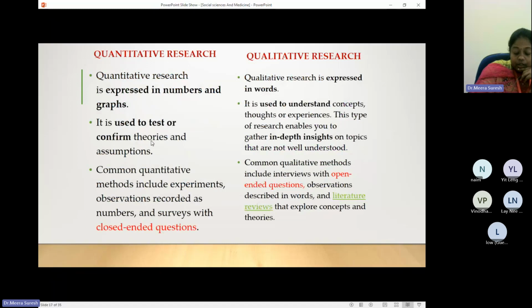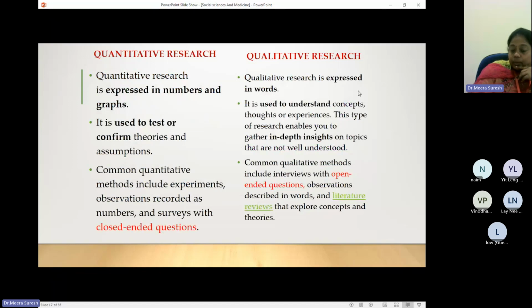But in quantitative methodology, you will always have a hypothesis, and with numbers, you are going to prove or disprove that hypothesis. That is why it is used to test or confirm theories and assumptions. So you formulate a hypothesis, and by numbers or statistical analysis, you are going to either prove or disprove that.